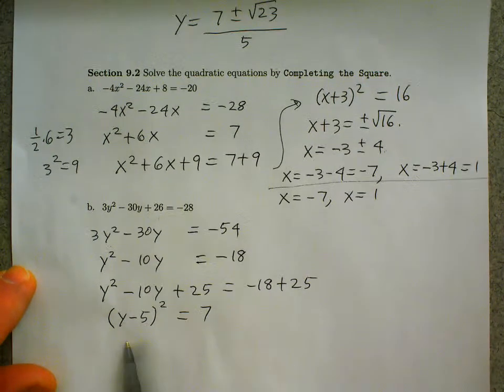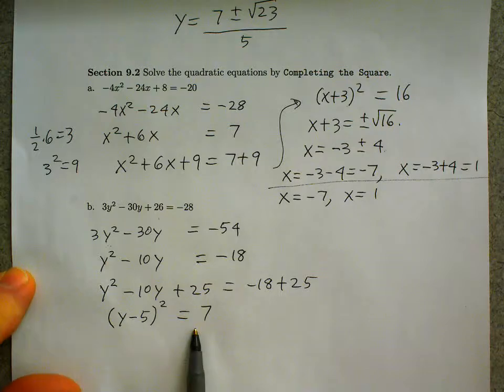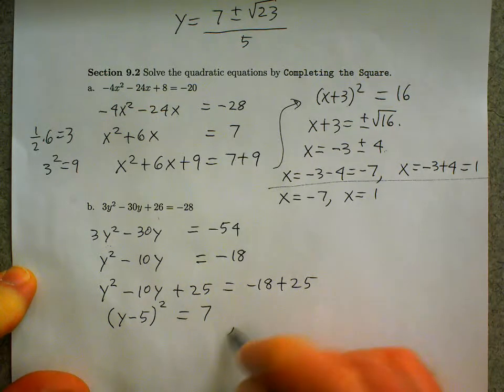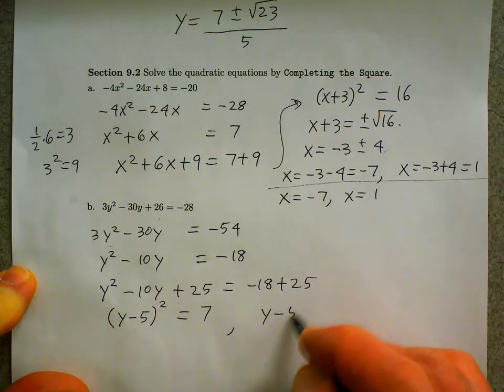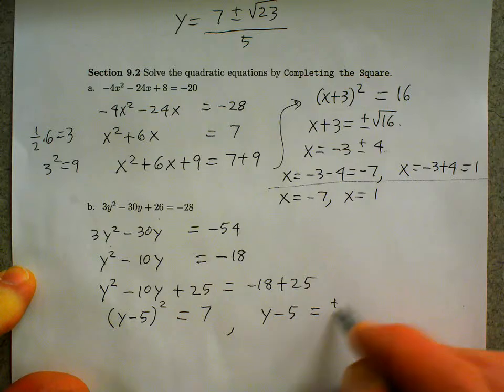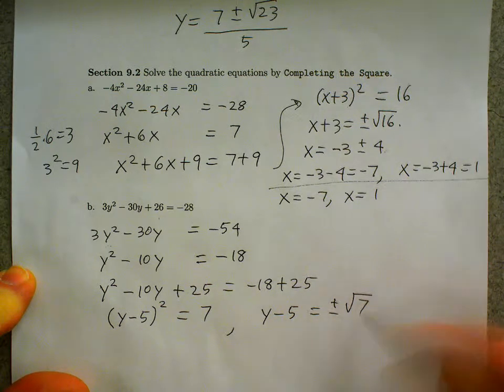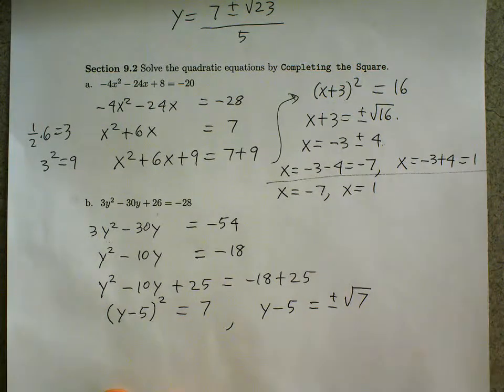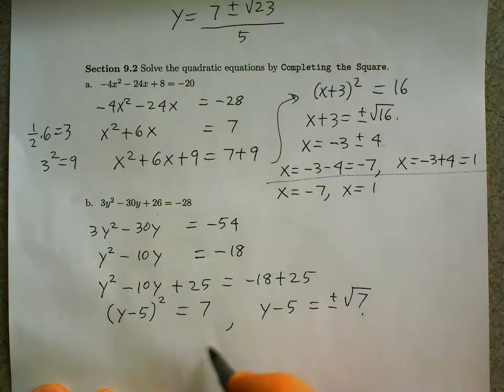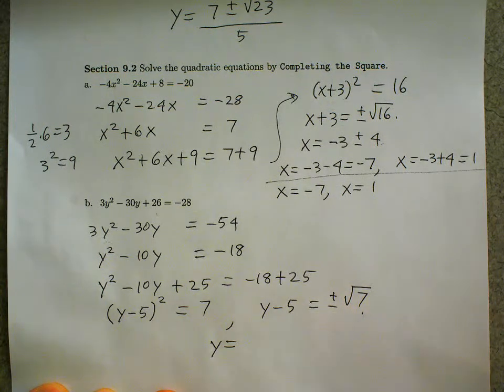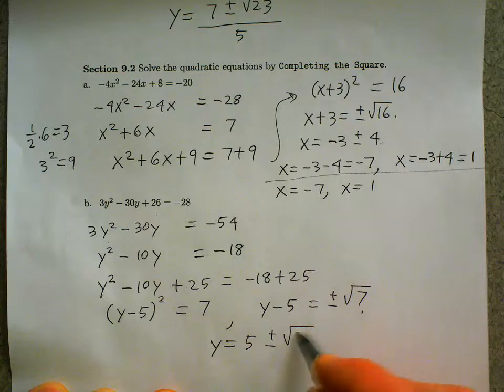If y minus 5 quantity squared is 7, then y minus 5 is equal to positive and negative square root of 7. The square root of 7 cannot be simplified, so in the next step, the solutions are y equals 5 plus and minus the square root of 7.